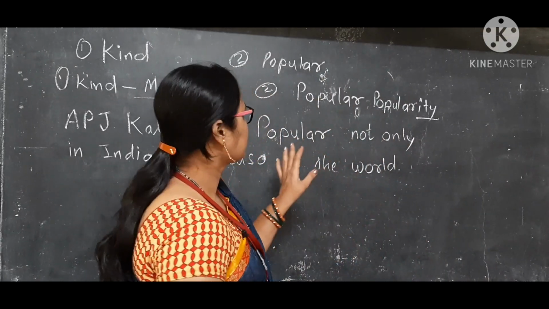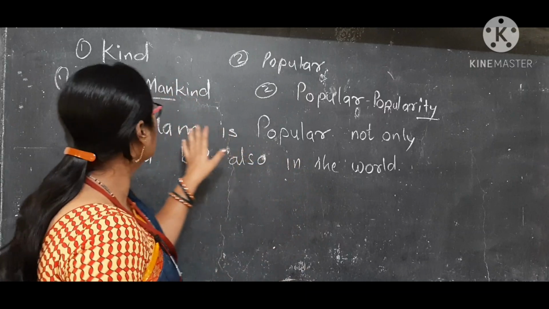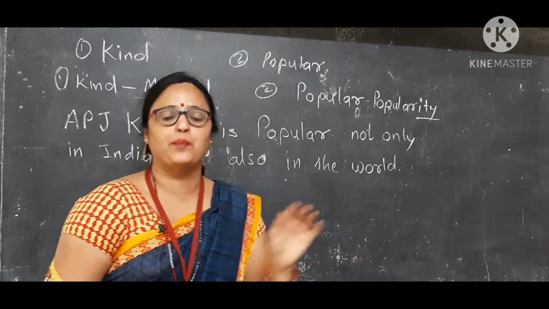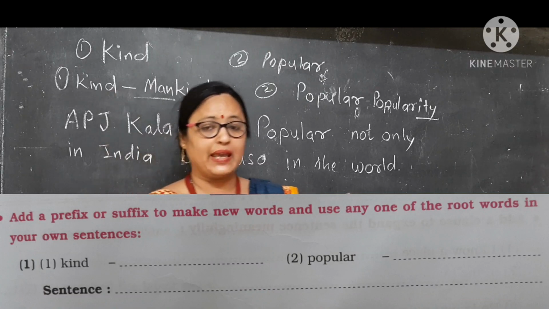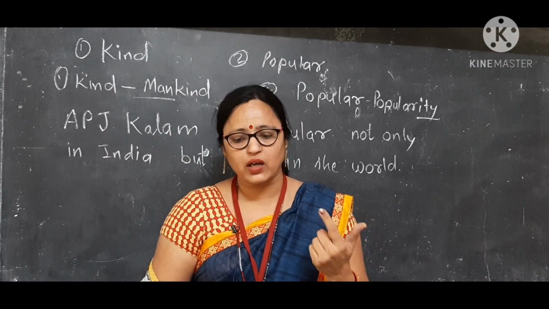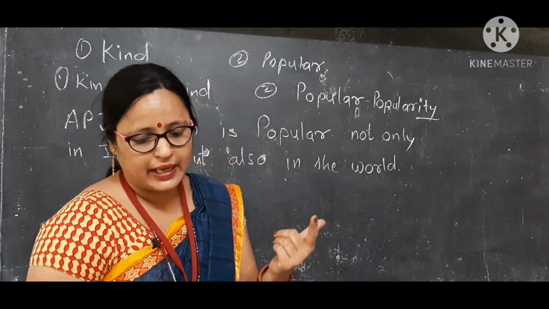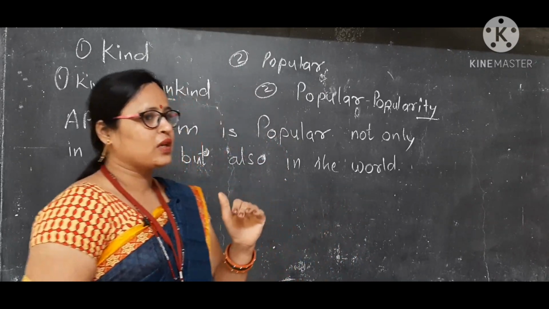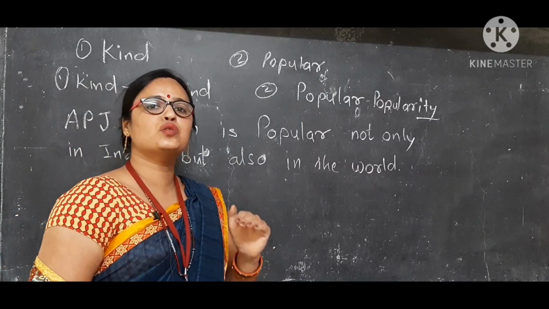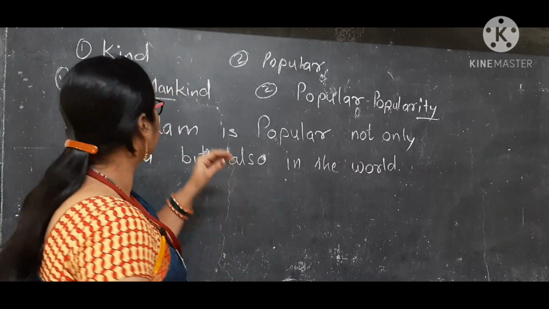You are given here two words, kind and popular, and you have to add a prefix or suffix to make new words and use any one of the root words in your own sentence. So I am giving you an example of how to solve the question.